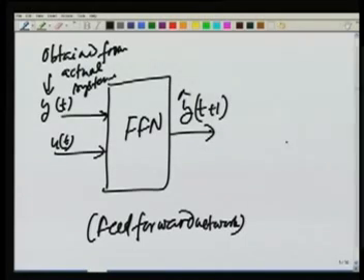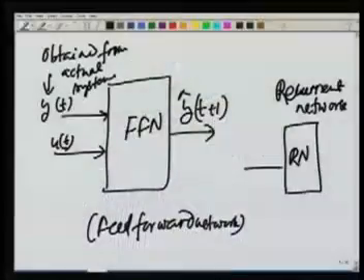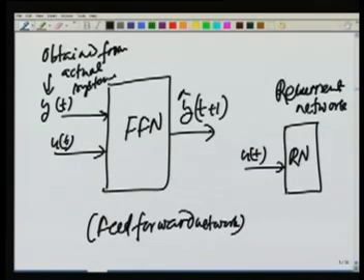But a recurrent network, on the contrary, only takes the input u t, and the output is y t plus 1.